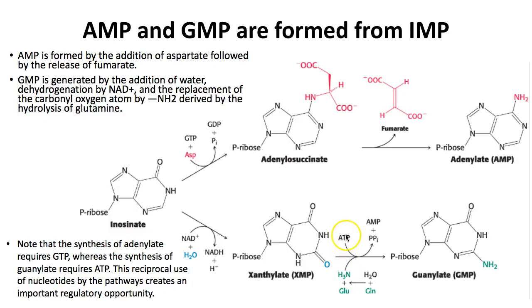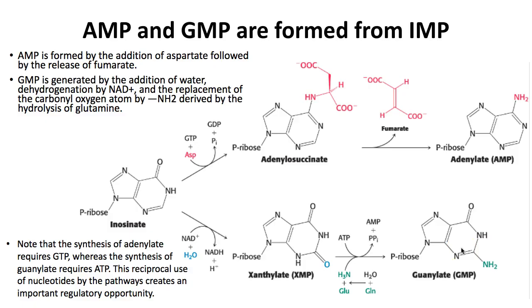And once again, using ATP, having its hydrolysis, donating that phosphate group, it gets displaced with the ammonia, and then you have that free amine group that is now attached, and now you have GMP that can be converted into GDP, and then finally GTP.